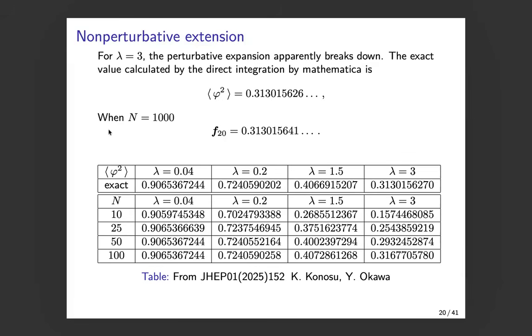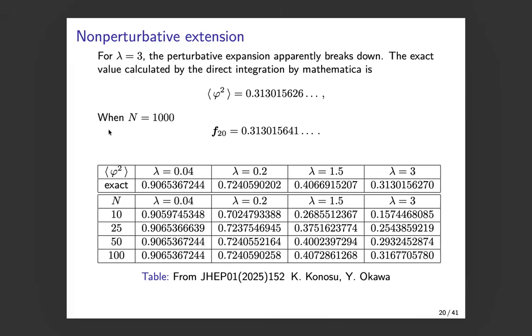This table represents various lambda and various matrix sizes. We focus on lambda equal to 3. When the size of the matrix is 10, the result is very bad. When we take larger values of n, the value approaches the exact result.